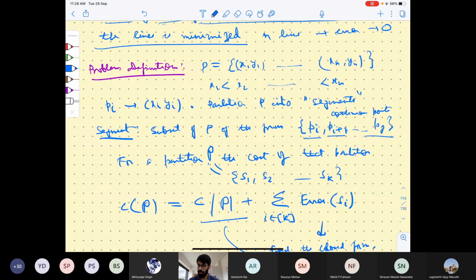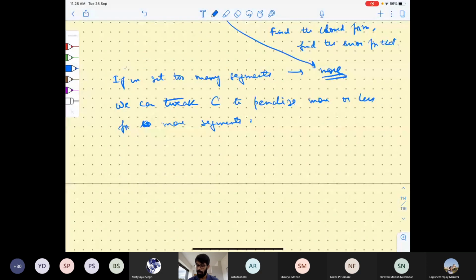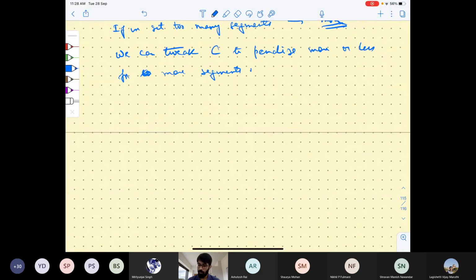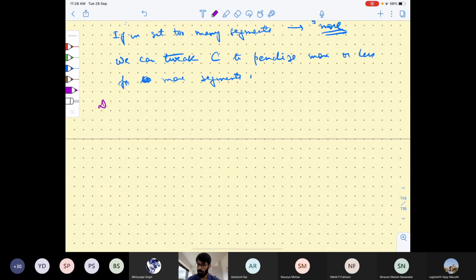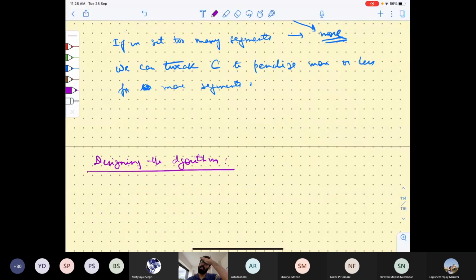Okay, if not, then now let's see how we will go about designing an algorithm for this problem. Again, in the case of weighted interval scheduling, what did we have?